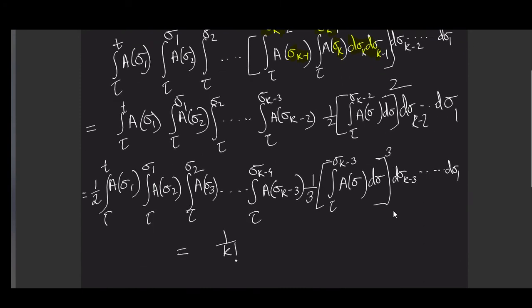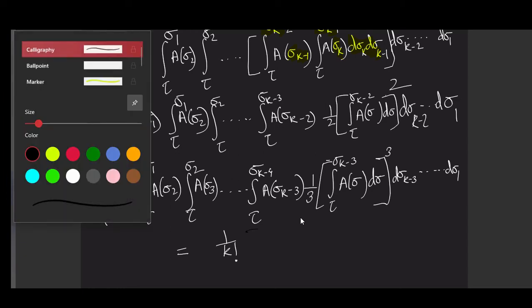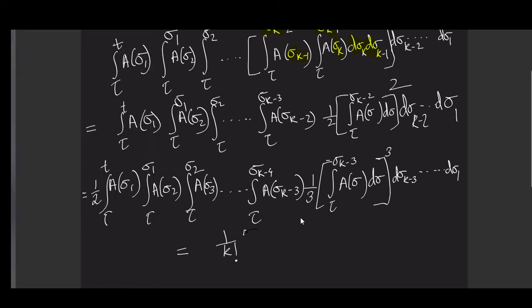Then again, after further processing, if we keep on doing the same thing, we are actually going to get something like 1 upon k factorial, your.